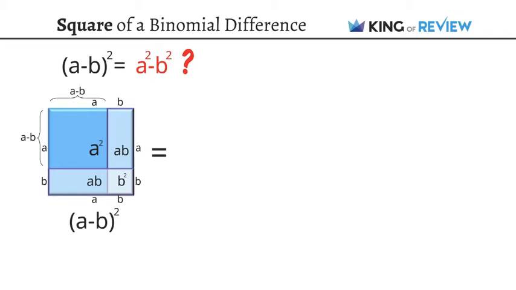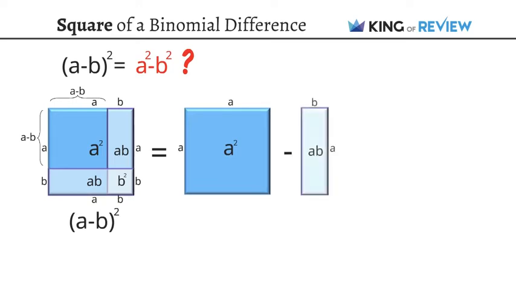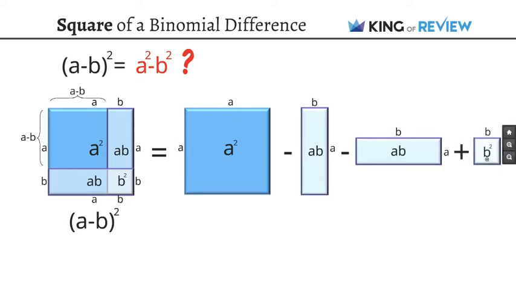And I'm gonna pick these bricks off as well to show what's equal to a minus b the whole squared. Firstly, there was a square with each side a long, right? And then I subtracted the two same rectangular bricks, right? And don't forget to add this small square, because we subtract twice this area, right? So add b squared here.